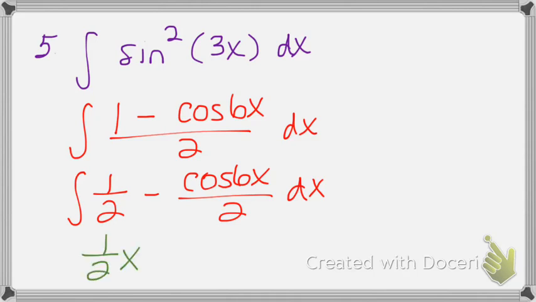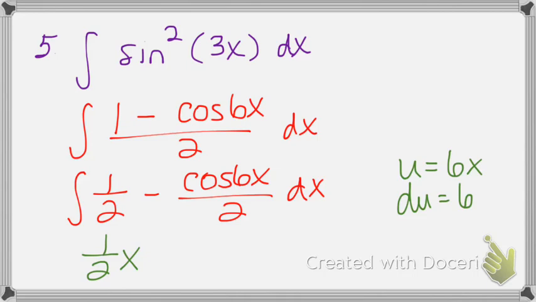And what do I do to find the antiderivative of this cosine of 6x over 2? That's a u substitution, where u is 6x. Since cosine's not raised to a power, u is just going to be the 6x. So your du is 6.